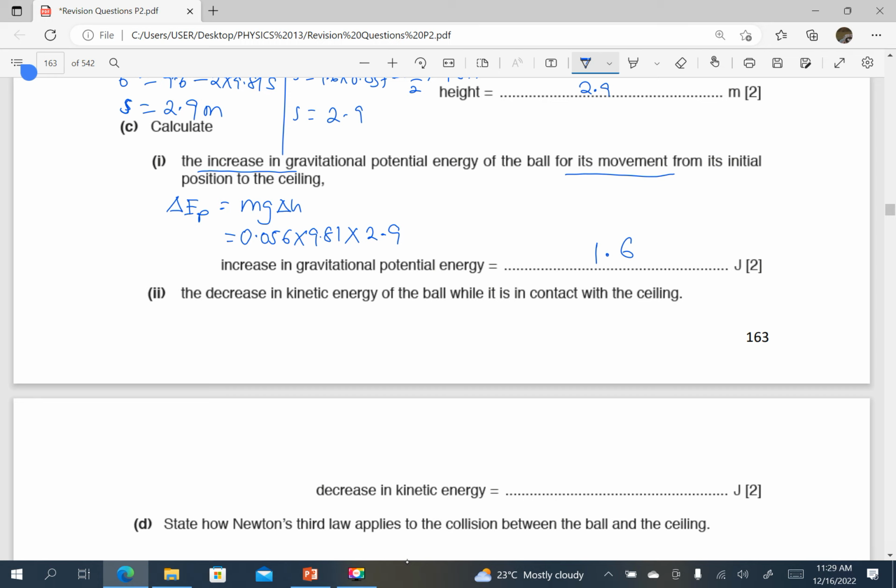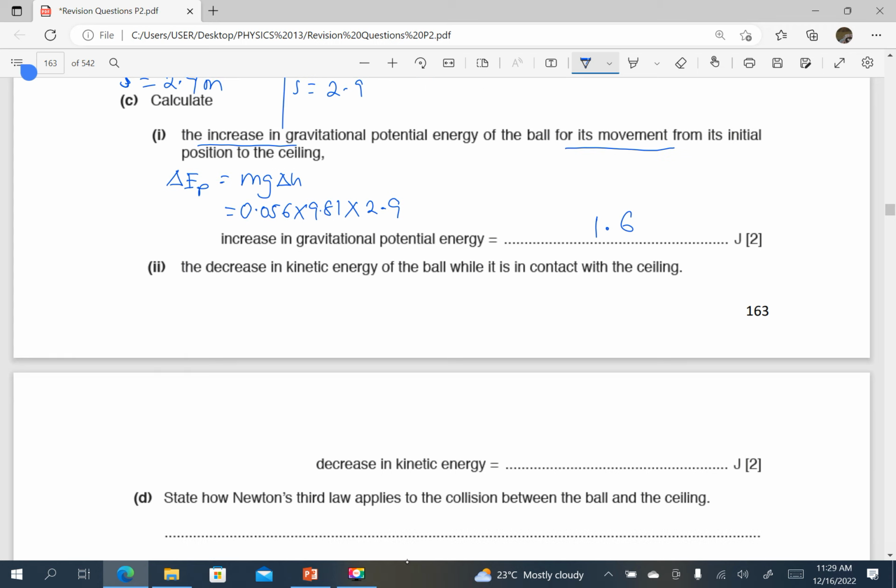There should be a difference there. So we know that kinetic energy EK is equal to a half mv squared. So the decrease in kinetic energy is going to be equal to a half, the mass of the ball 0.056, times a change in v squared.